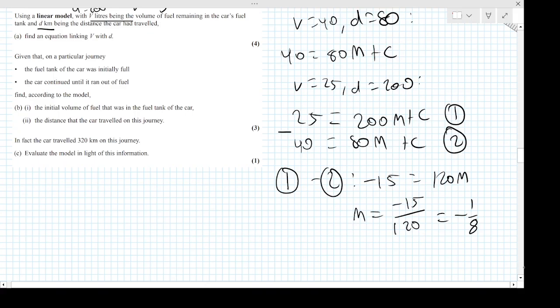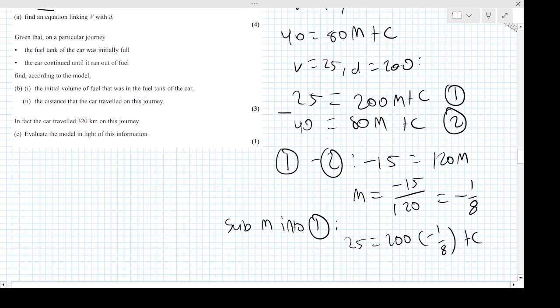Let's do the first one. So I'm going to sub m into the first equation. Then I'm going to get 25 is equal to 200m, which is minus an eighth, plus c. Therefore, 25 is equal to 200 times an eighth, I get minus 25 plus c.